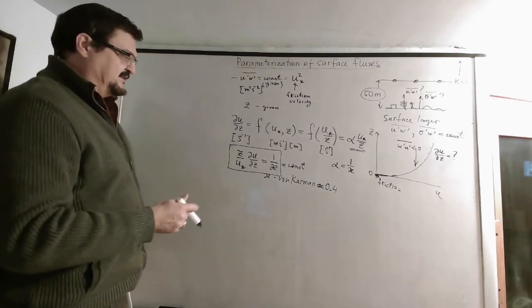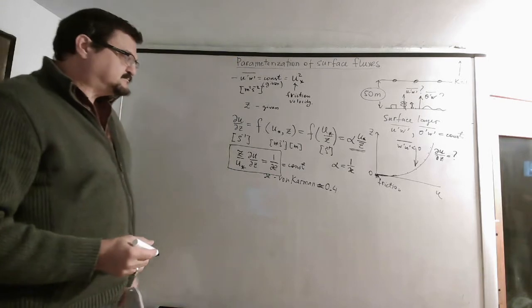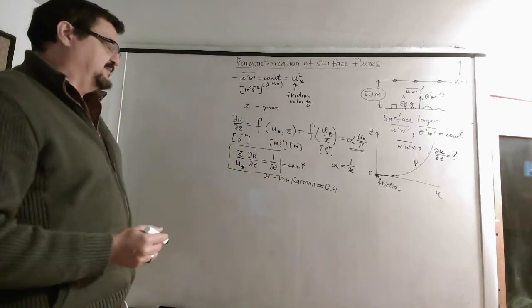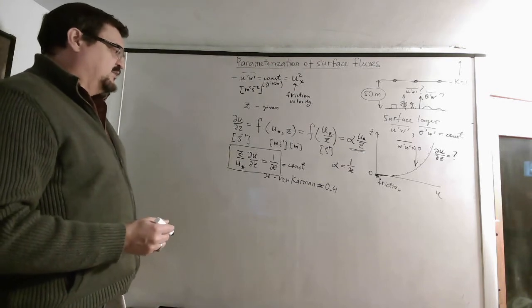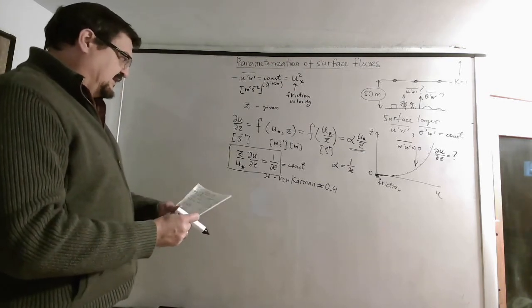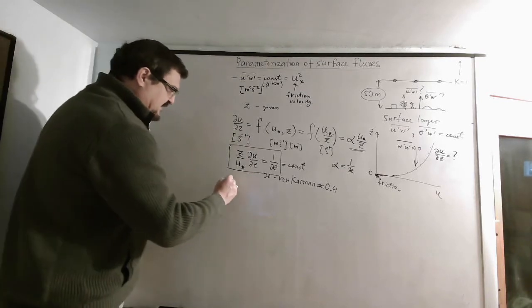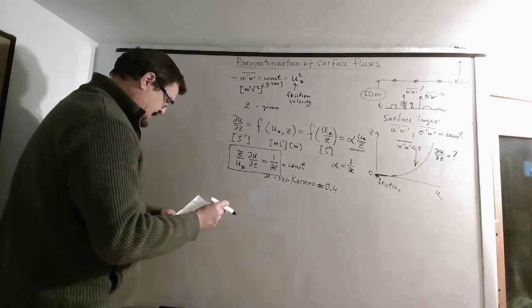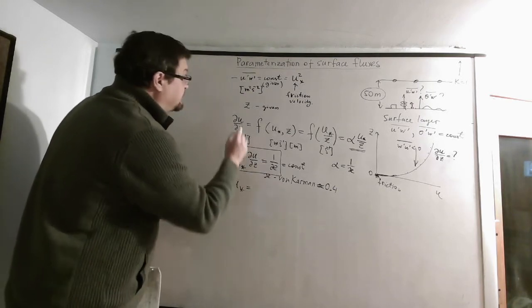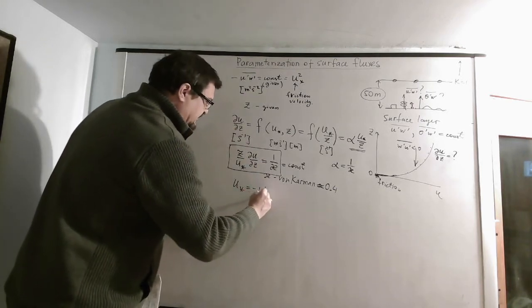So great. Now we have this law that we found just by theoretical consideration without any experiment. So now we can write our flux, u star squared. Remember, it equals minus u prime w prime.